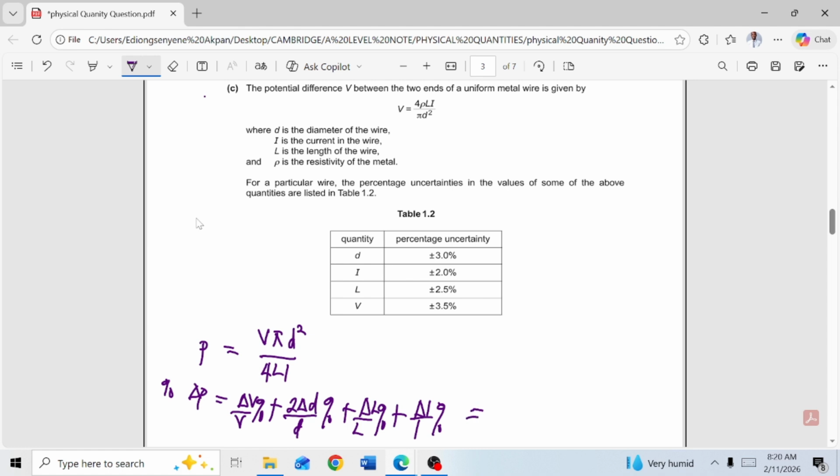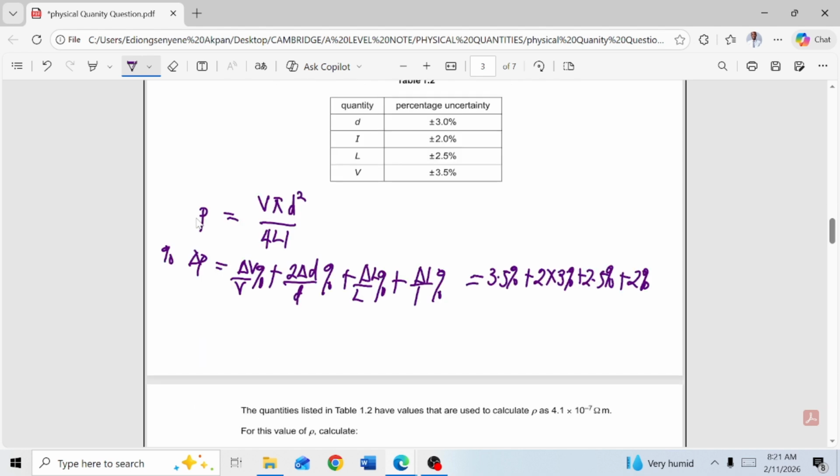Equal to percentage uncertainty for potential difference is 3.5% plus diameter 2 times 3% plus length 2.5% plus current 2%.